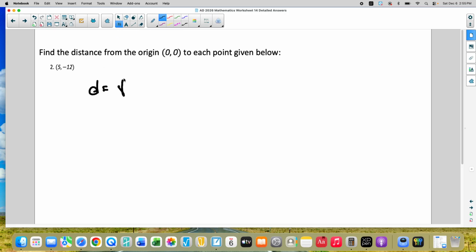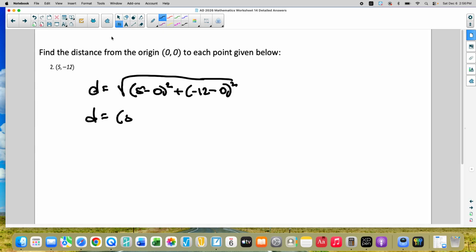Distance equals square root of 5 minus 0 quantity squared plus -12 minus 0 squared. Distance equals, no, we don't need parentheses, square root of 5 squared plus -12 squared.